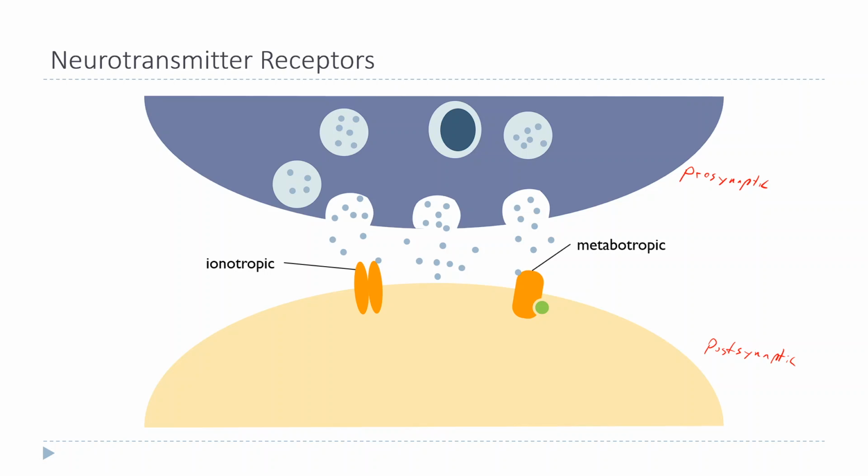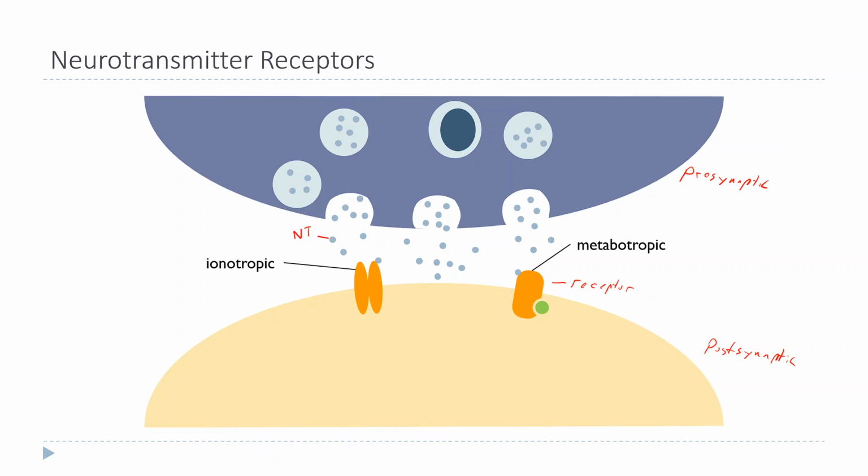And the neurotransmitter receptors, these orange things, are proteins embedded in the membrane of the postsynaptic cell, and they have specific binding sites for the neurotransmitters. So these are the neurotransmitters, and when they're released, they can travel across, and each of these receptor proteins has a location on its surface that fits the neurotransmitter perfectly.